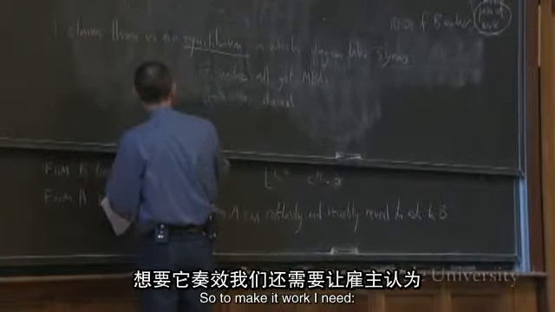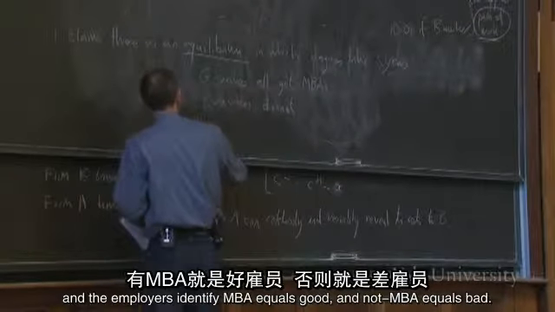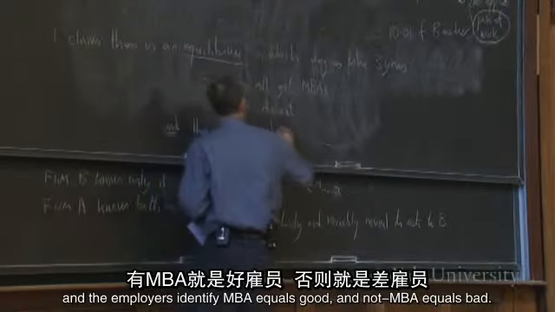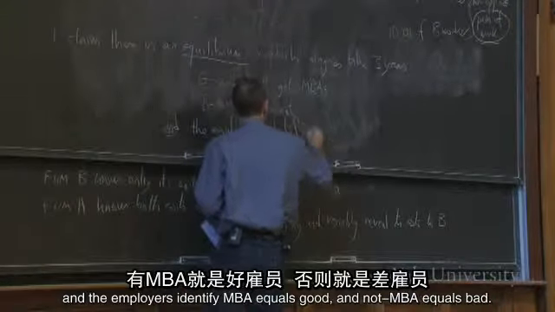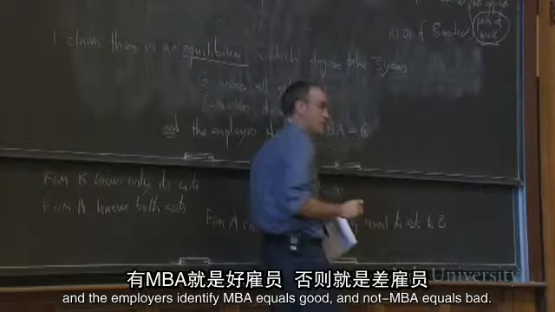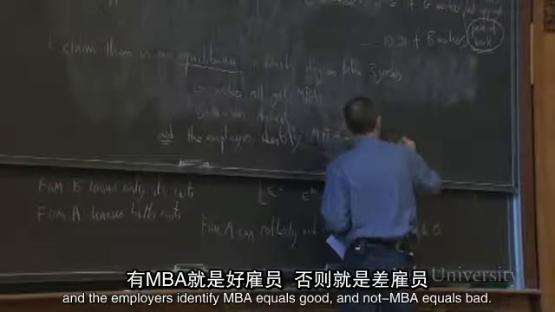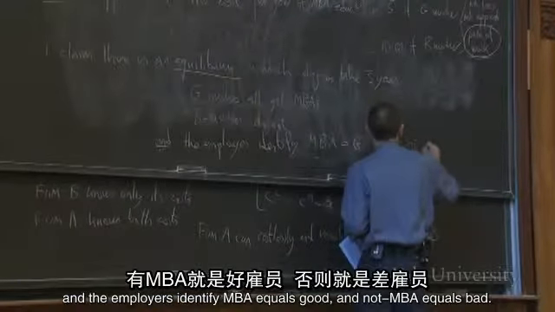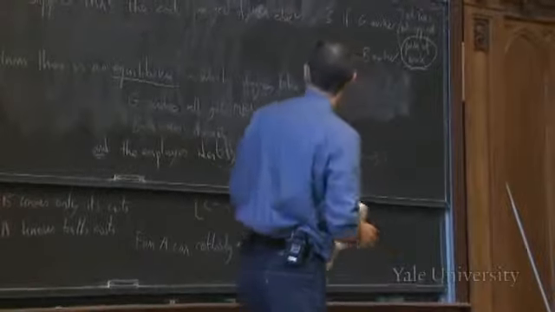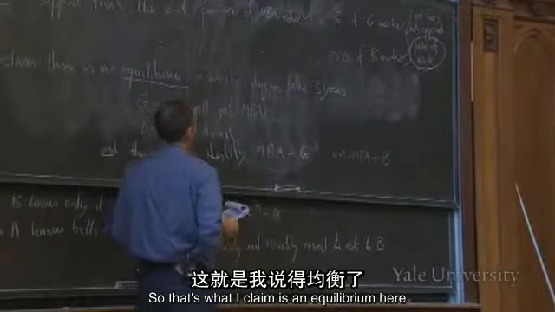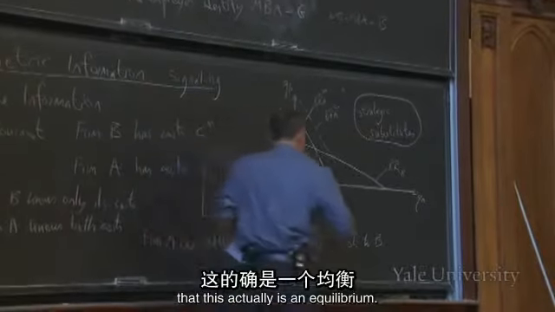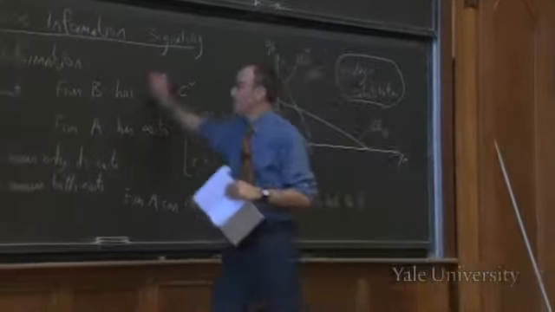So I need the employers to identify MBA as good and not MBA as bad. So that's what I claim is an equilibrium here, and what I want to do is show that this actually is an equilibrium.